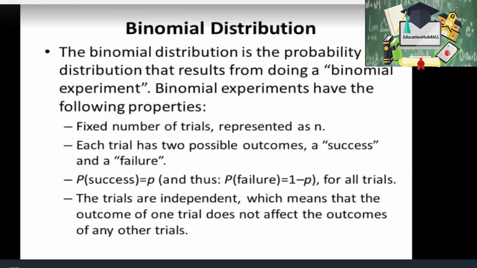Then what do you know about statistics or probability or mathematics? You know the number pi? Yes. You know the number e?